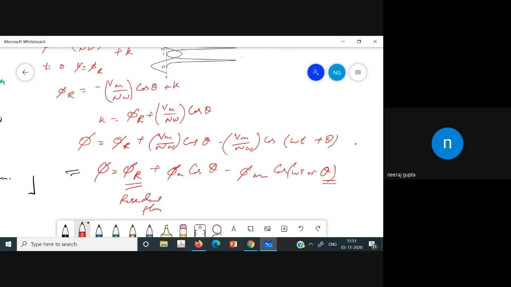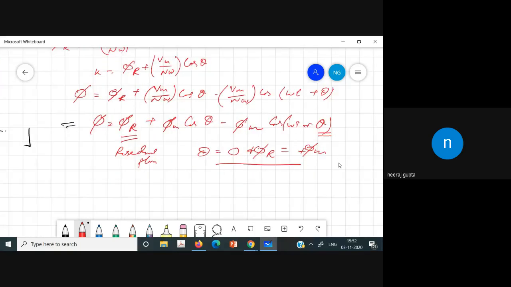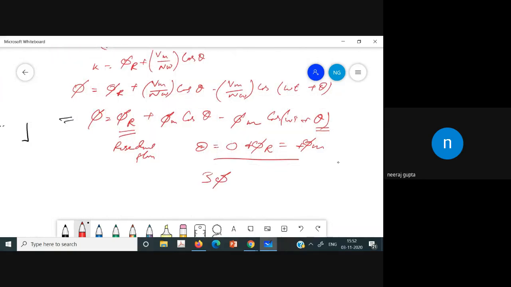Now, from this expression, you will see that if theta equals 0 and phi r equals plus phi m, then in that case the amplitude of phi is 3 phi m, at omega t equals pi.